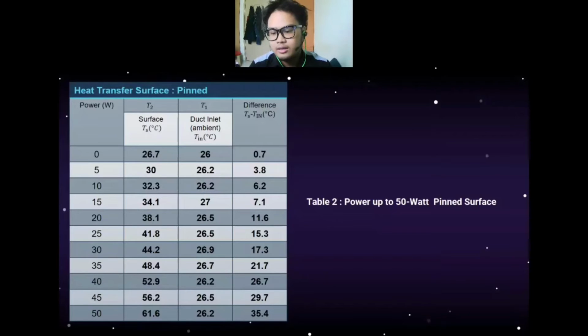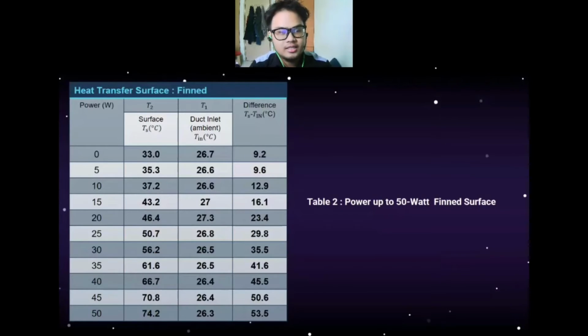We have to calculate the difference, which is TS minus TE. So for 0 watt, we got 0.7, and 5 watt we get 3.8 degrees Celsius. And 10 watt we get 6.2 degrees Celsius, and 50 watt we get 5.4 degrees Celsius.